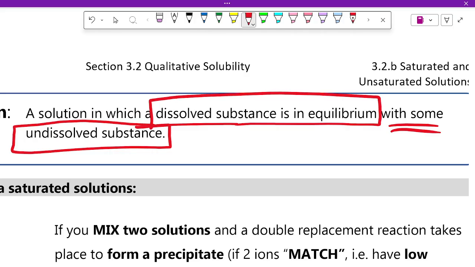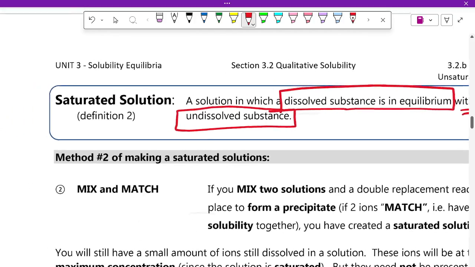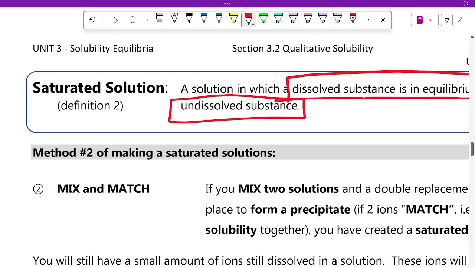Okay? So I might have mixed, for example, here. Let me restart that. We're going to look at method 2 of making a saturated solution. This is what I call mix and match.